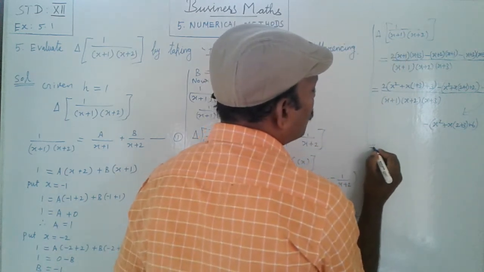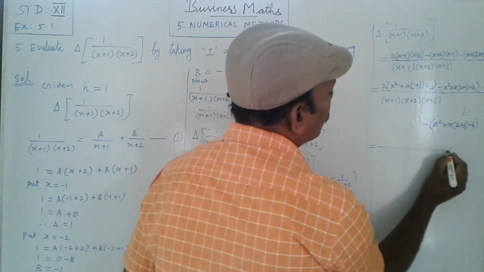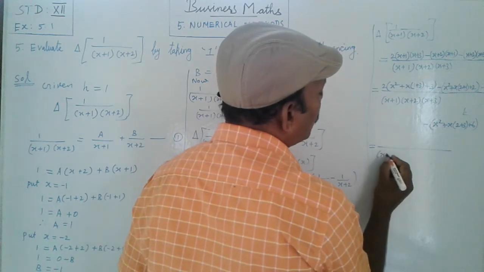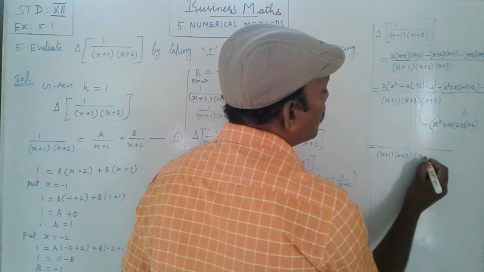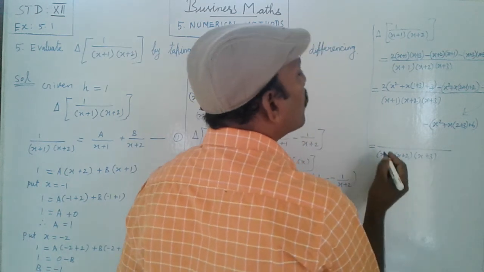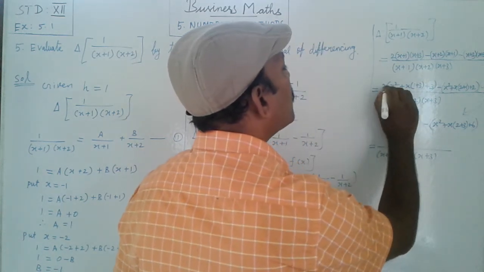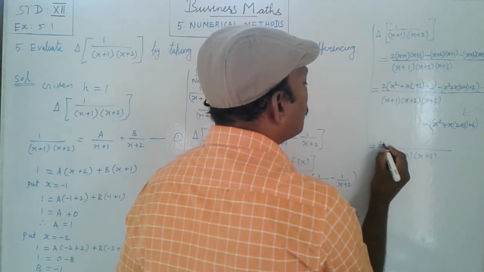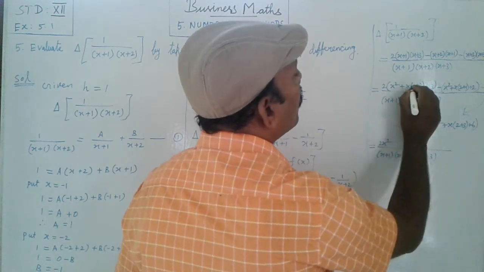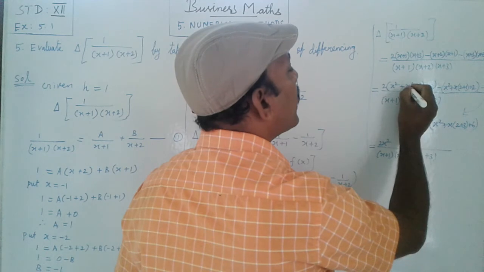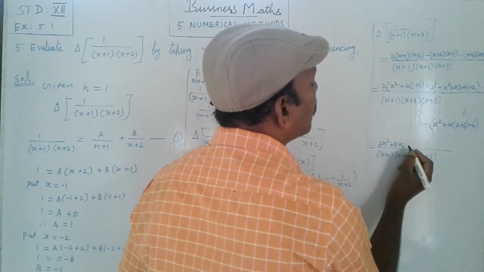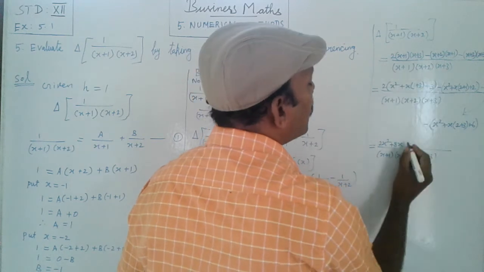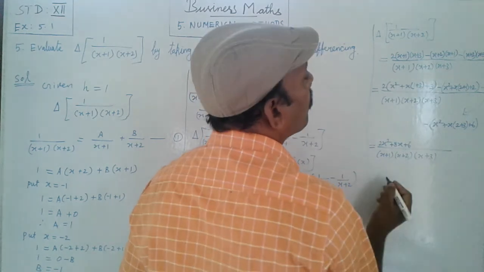So that is equal to, the LCM is what? x plus 1 into x plus 2 into x plus 3. So we should multiply 2 inside: 2x square. 1 plus 3 is 4, 4 into x, 4 2s are 8, plus 8x. 2 3s are 6, plus 6.